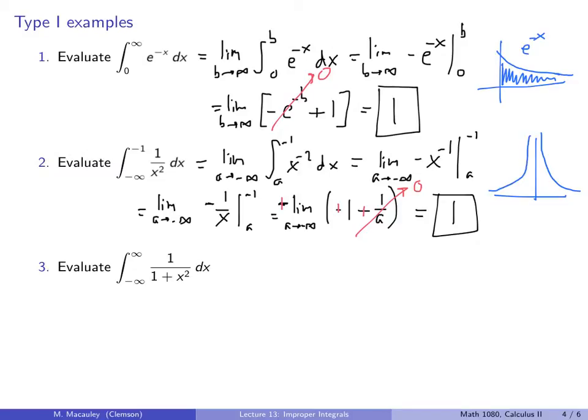Is that correct? Yeah, that's correct. So this is 1 over x squared, and this one says that if we take the integral from negative 1 to negative infinity, this area under the curve is infinite, well, it's infinite space, but it's finite area, infinite length, finite area, that's going to be equal to 1 as well.